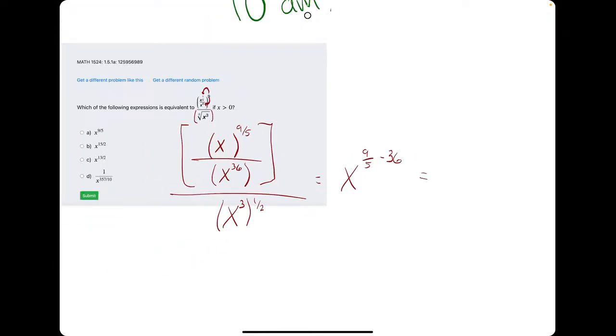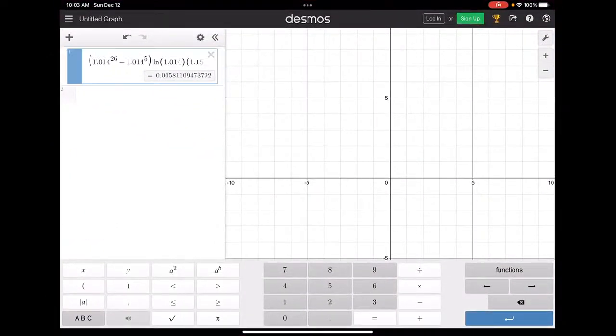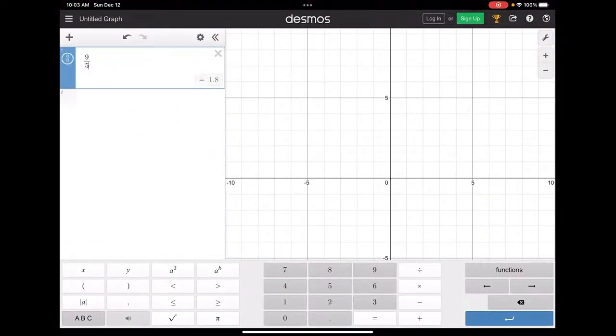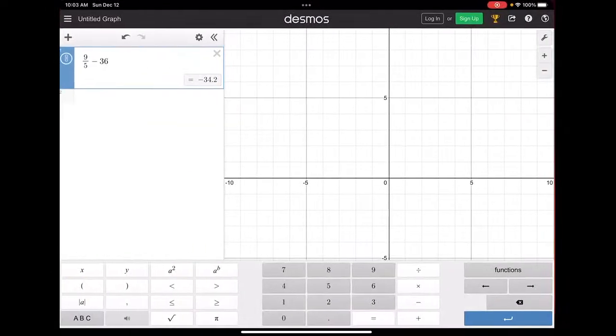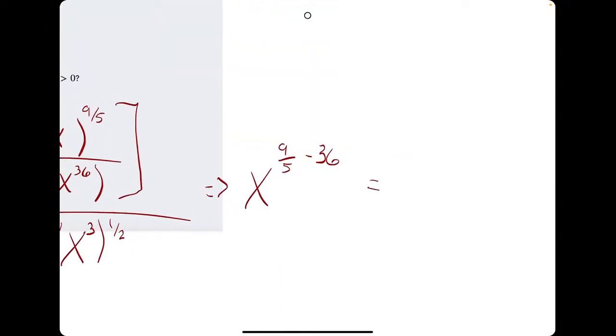I'll use Desmos or some kind of calculator for this. So real quick, 9/5 minus 36, and as a fraction, negative 171 over 5. You could keep it as a decimal and work it out later.